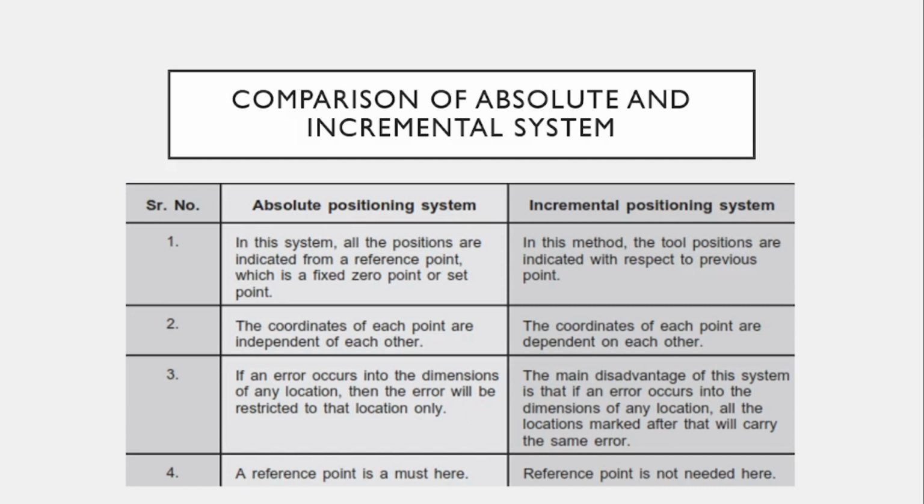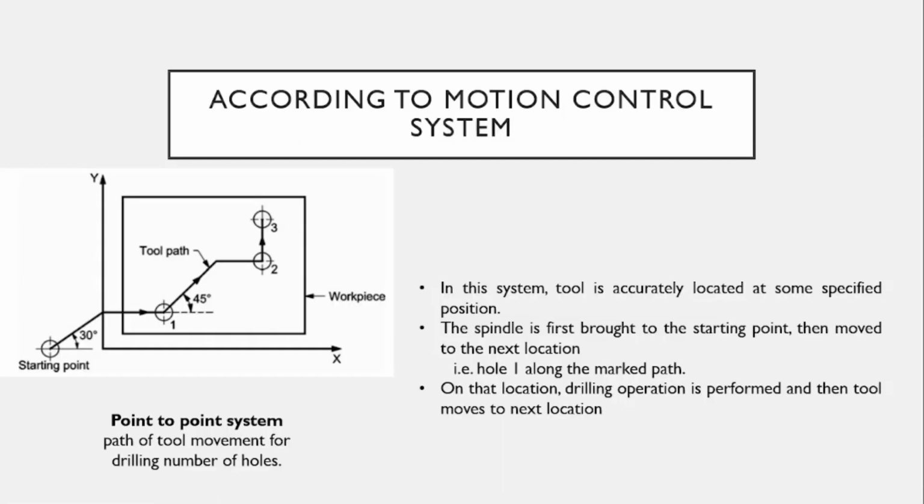In the absolute position system, a reference point is a must. In the incremental position system, there is no need for a reference point. Then the next one is according to the motion control system, the point-to-point system. Here the tool is accurately located at some specified point.